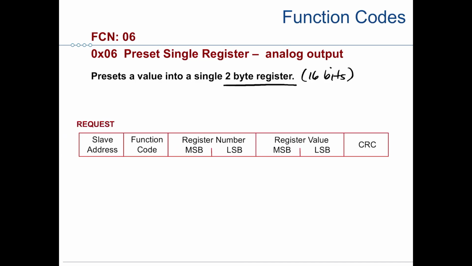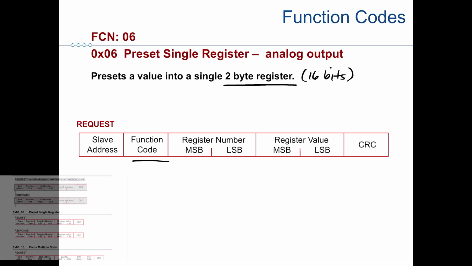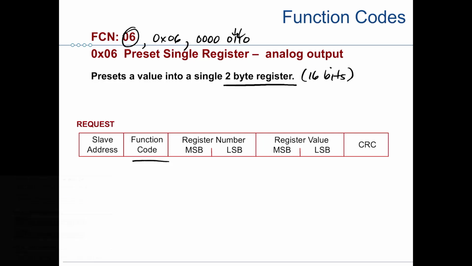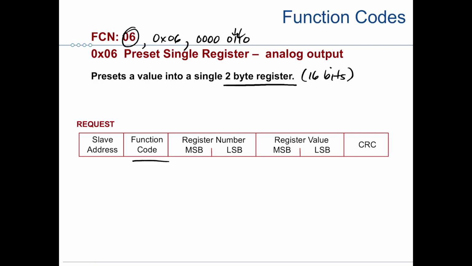So if we were to look at the function code of 06 and look at finding that in our Modbus handout, you'd be looking at a hexadecimal value of 06, you'd be looking at a binary value of 0110, with a 4 there, 2 there. So that would give you a 06 binary combination, and this is the formatting.